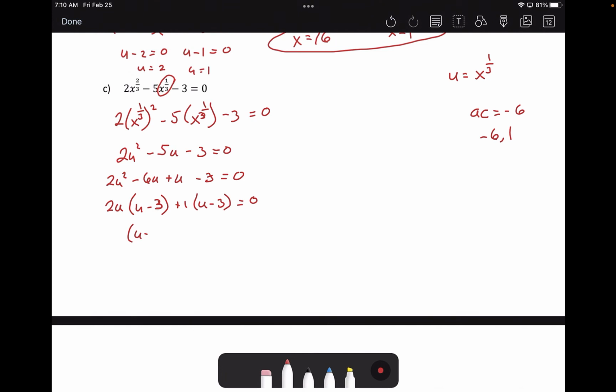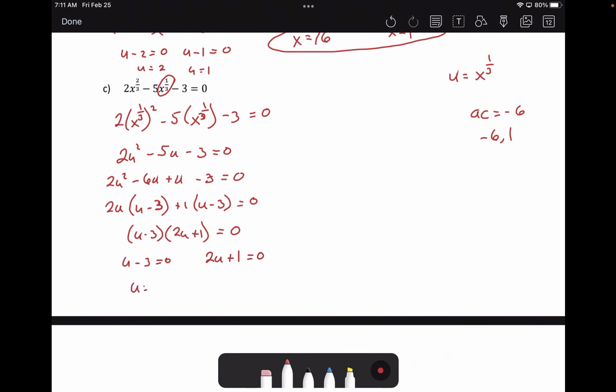Factor out the parentheses, and set each factor equal to 0. U minus 3 equals 0. 2u plus 1 equals 0. So we have u equals 3 and u is equal to -1/2.